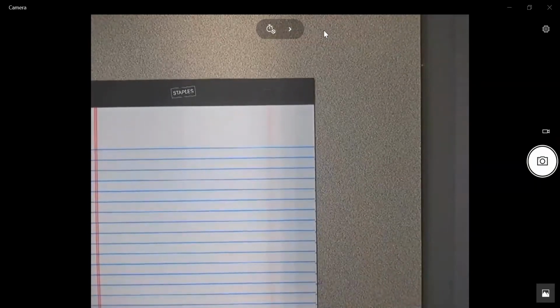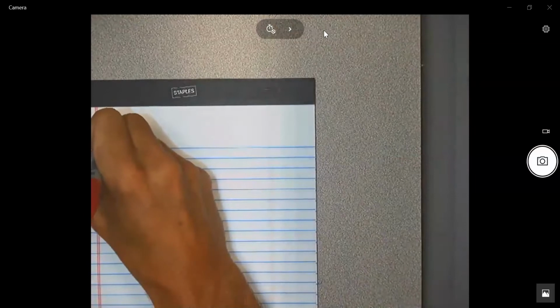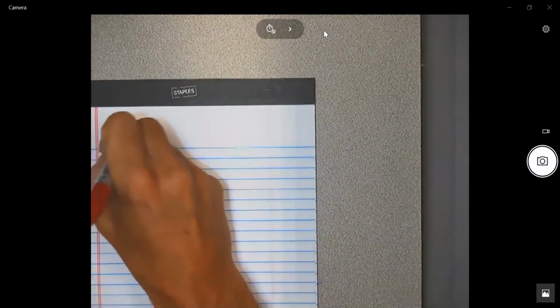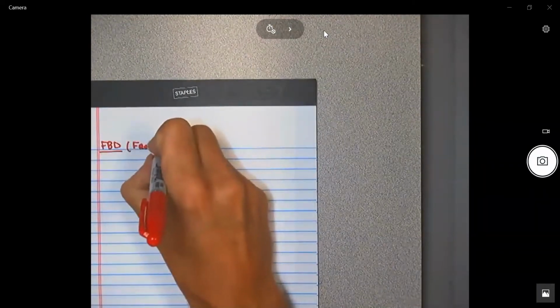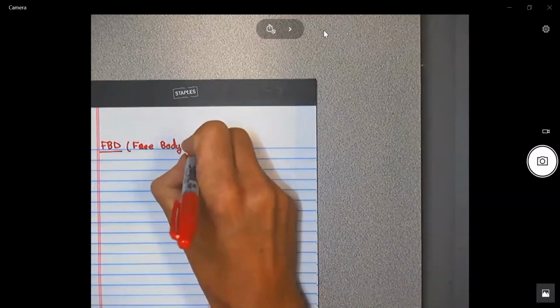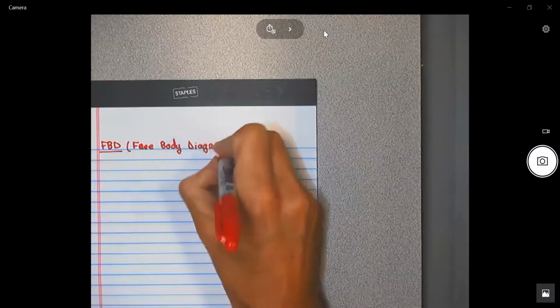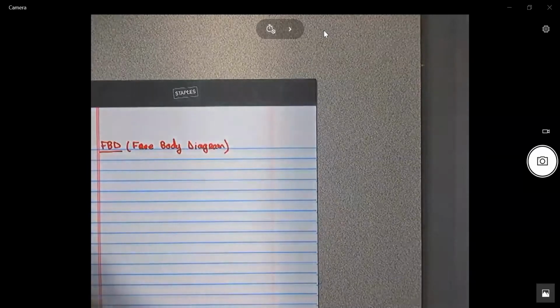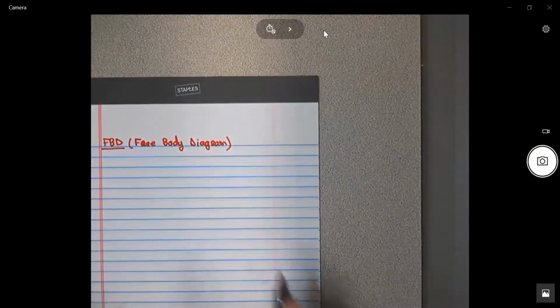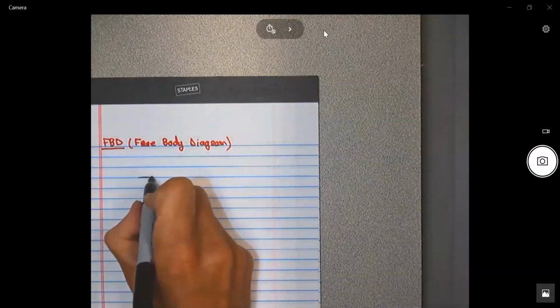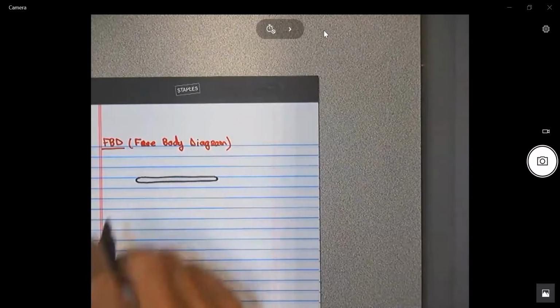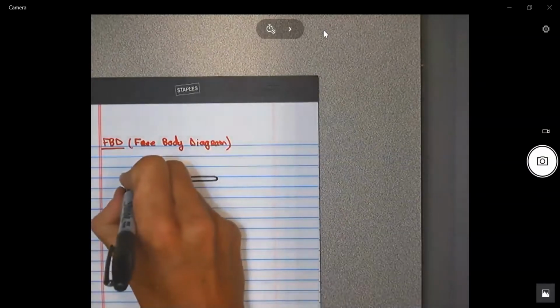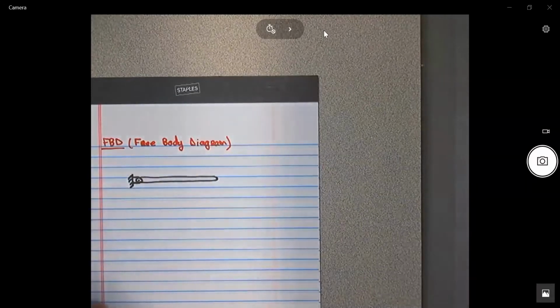All right, so if you want, here is our free body diagram. I just write it for the first time, free body diagram. So if we have our beam over here, I'm leaving it attached over here.